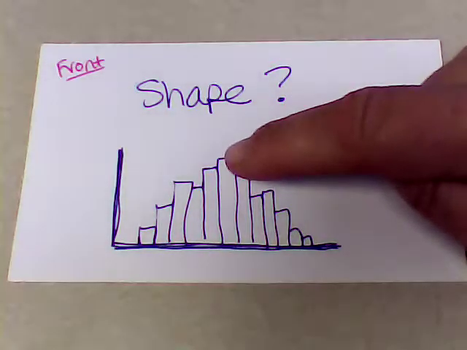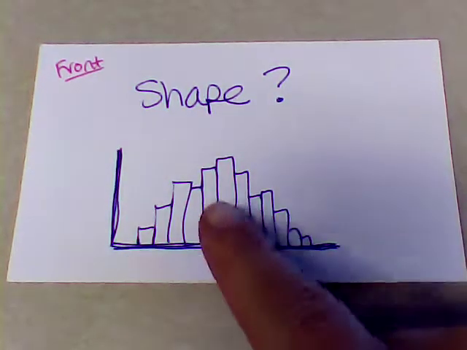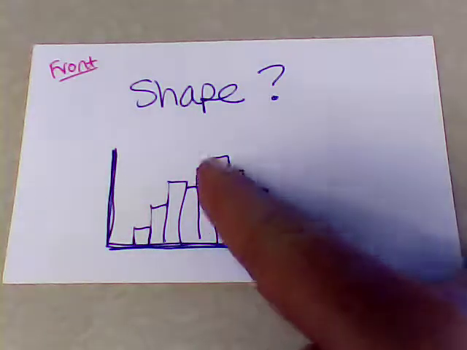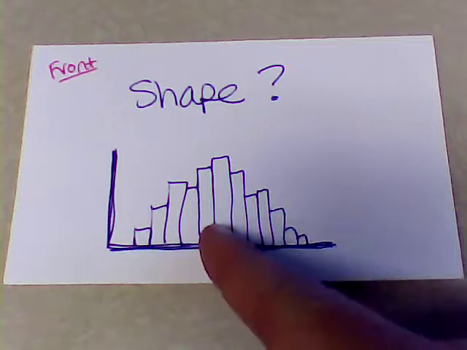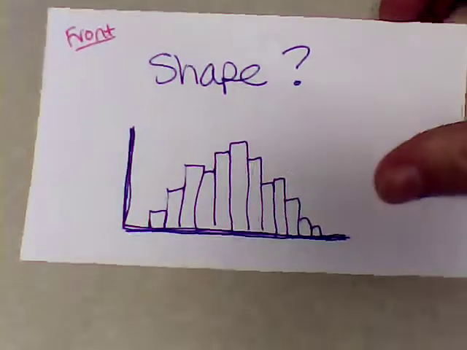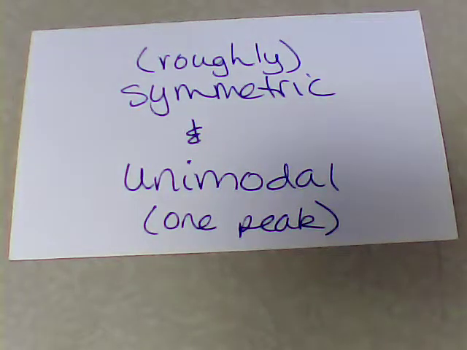So in this case, there's one main peak. The root word for one is uni, like unicycle, a one-wheeled bicycle. But then it wouldn't be a bicycle. Good times. Anyway, if you drew a line down the middle of this histogram, this half is roughly the same as this half, so they're mirror images of each other. So we've got roughly symmetric and unimodal, which again is one peak, one number that happens the most.